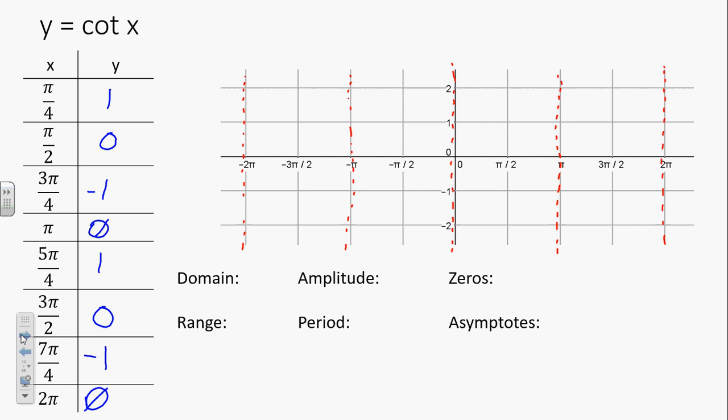All right, let's plot those points. Pi over 4, we're 1. At pi over 2, we're 0. At 3 pi over 4, we're at negative 1. At 5 pi over 4, we're at a positive 1. At 3 pi over 2, we're at 0. And at 7 pi over 4, we're at a negative 1. It kind of looks like a reflection across the lines where the zeros are, doesn't it?